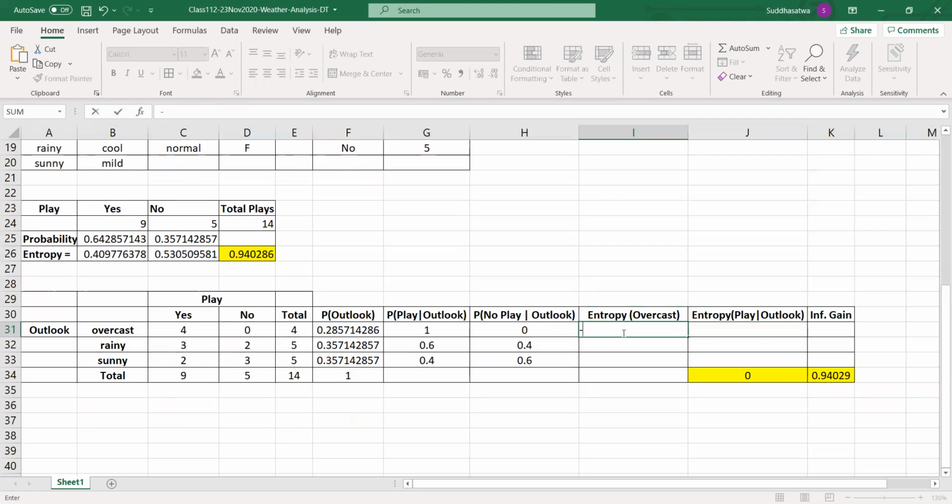Minus of this, this is my positive probability multiplied by log of this base 2. This is one value, and I have to do plus minus of this value multiplied by log of the negative probability base 2.